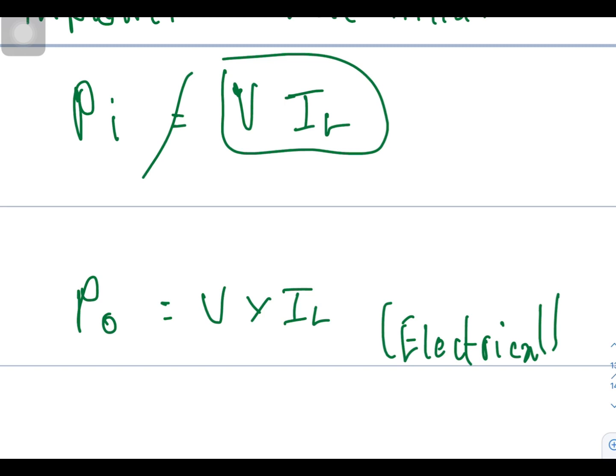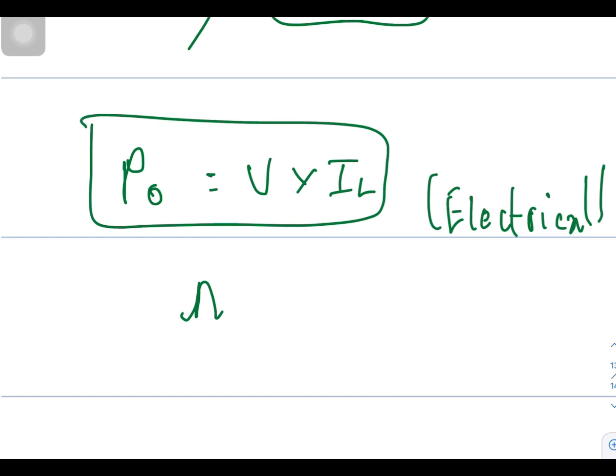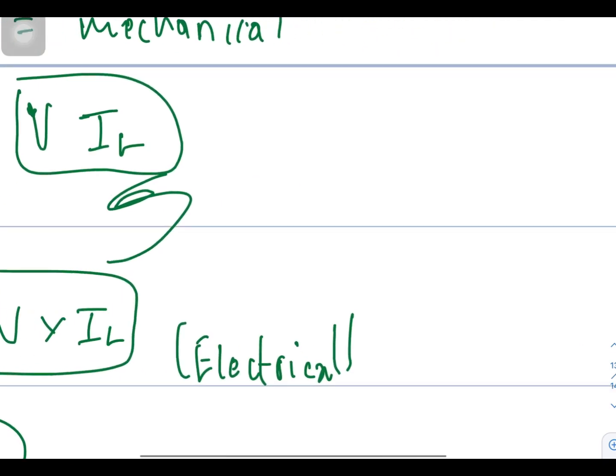Then if they say they want the input, then definitely the question will give you the efficiency. With the efficiency, your job on the calculator is to calculate the output power, then use the efficiency value to manipulate and calculate the input power, because remember efficiency is given by power out over power in. So efficiency is the ratio of the power out to the input power.